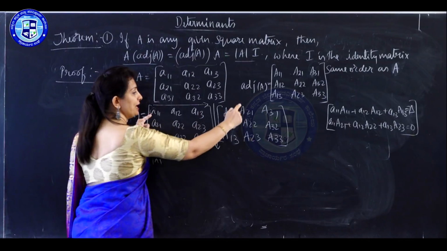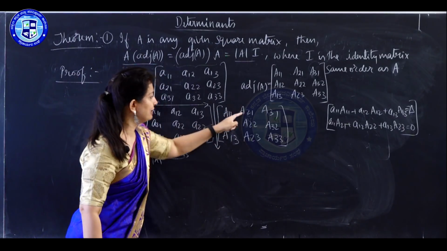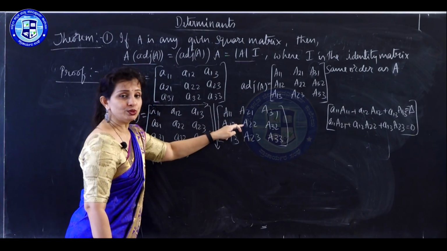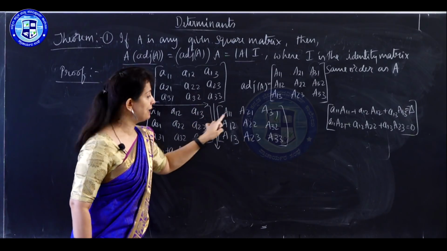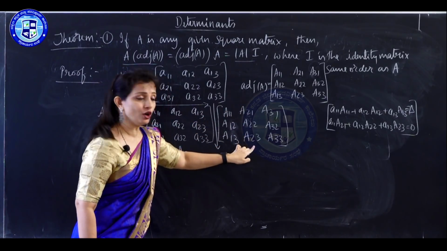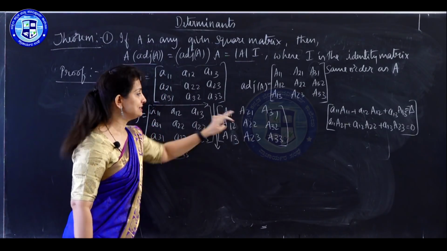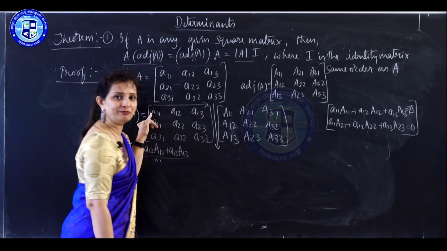Now, first row elements multiplied by second column elements. What do we get? A11 A21 plus A12 A22 plus A13 A23, which means first row elements are multiplied by the cofactors of the second row elements. Then the sum is 0. So, this second term will be 0.